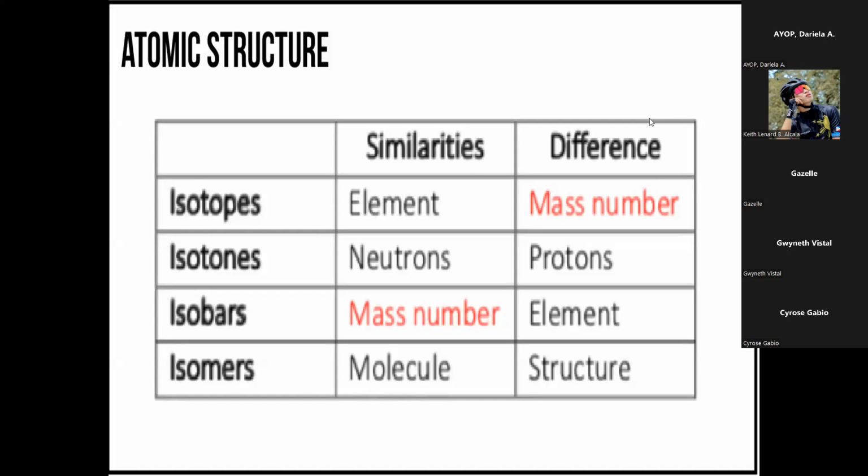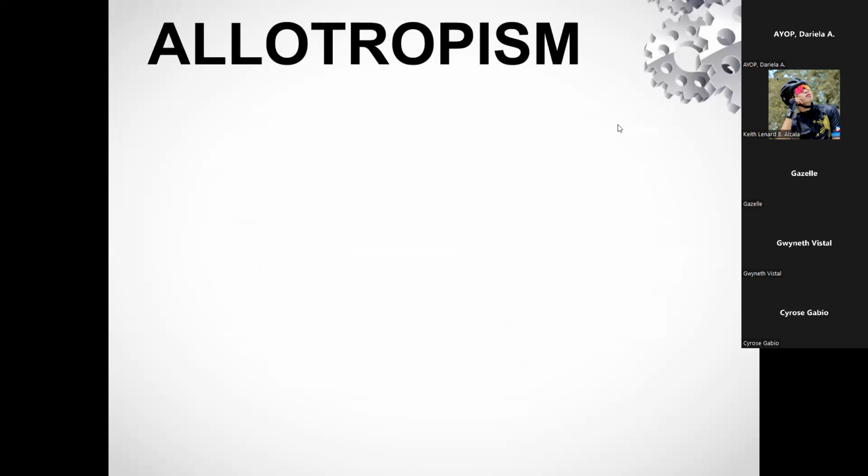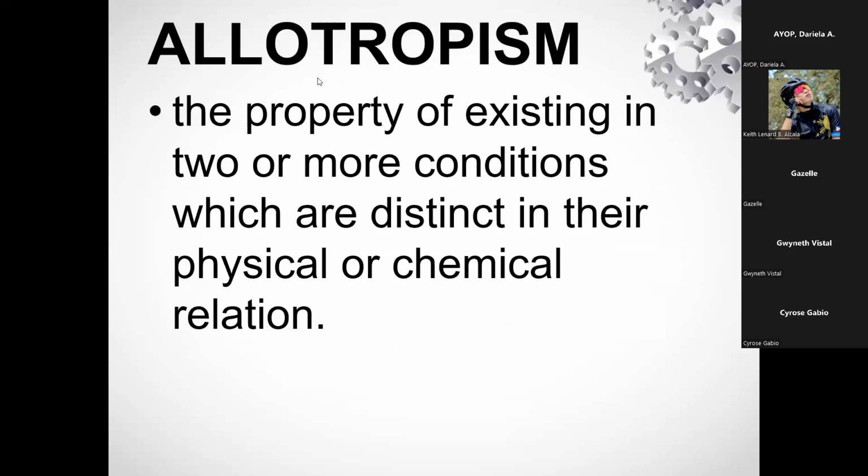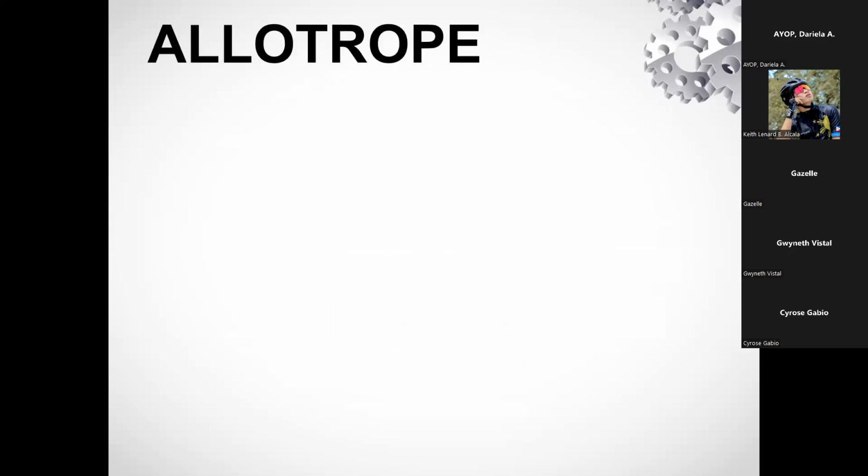It's called isomer. Okay? Now, we also have allotropism. Sa chemistry class, we have chemicals existing in 2 or more conditions. Therefore, 2 or more conditions sila, magkaiba yung kanilang physical and chemical properties.